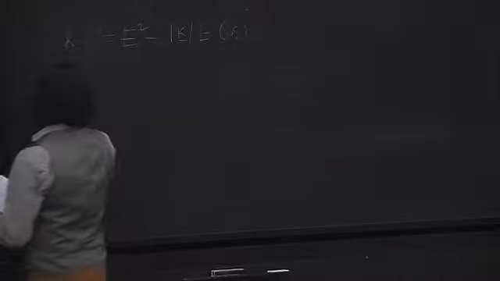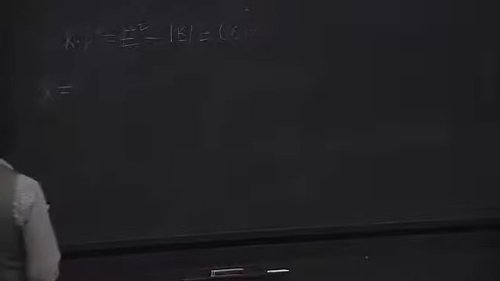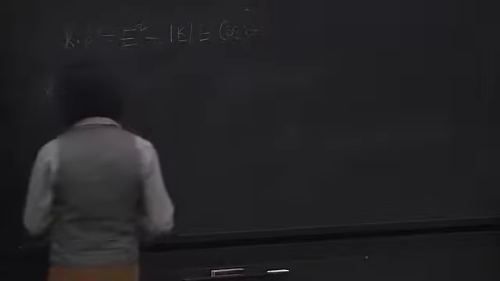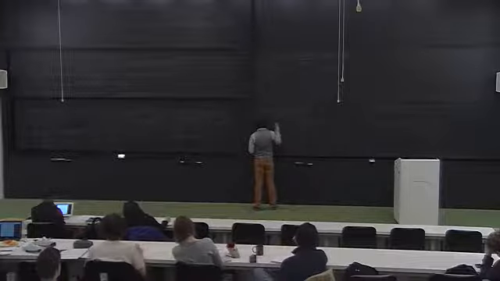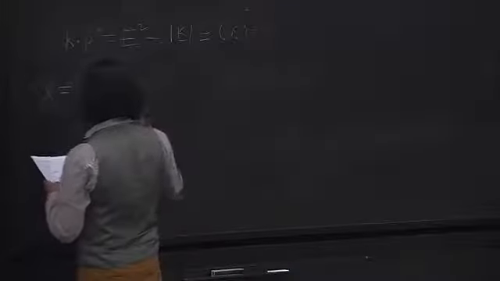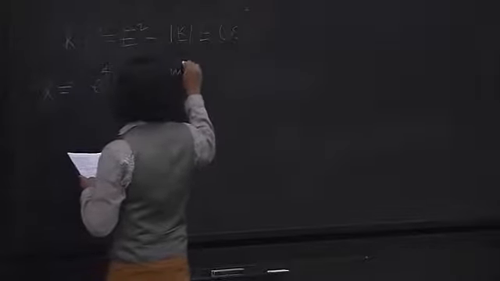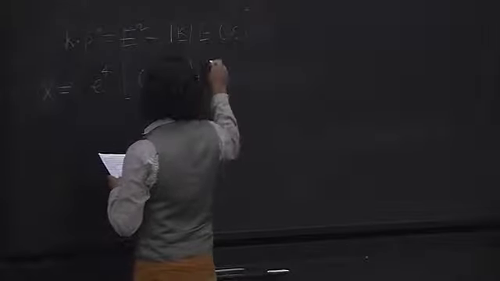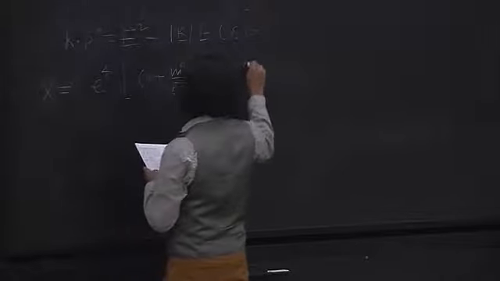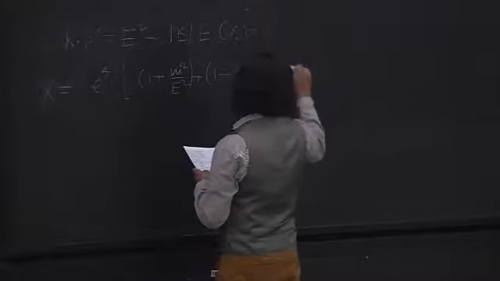So when we do this, our matrix element squared becomes, with a little bit of algebra, E^4 times (1 plus m squared by E squared, plus 1 minus m squared by E squared, times cosine squared of theta).